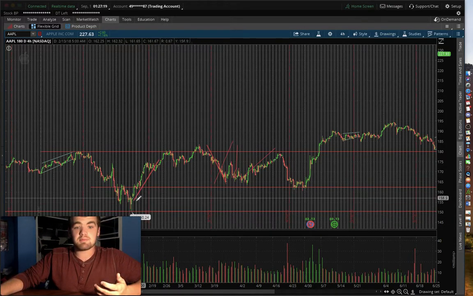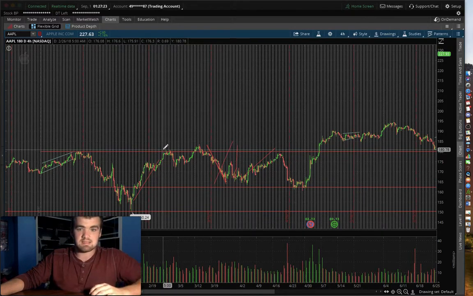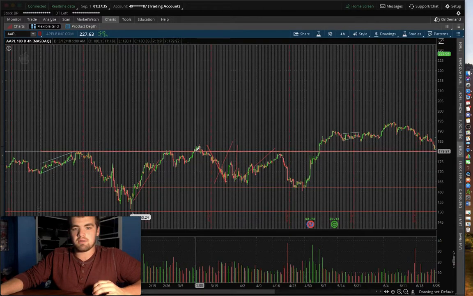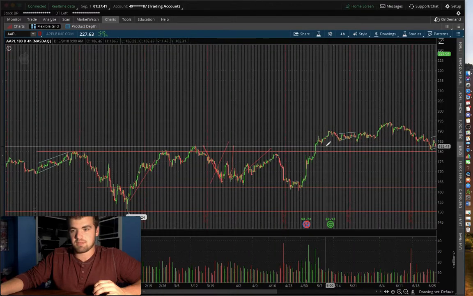So it pops from that support all the way up to the resistance. It tested the resistance many times. Tested it once up here, that's where we found it. All the way back up here, two. Caught a little fire, three, four, and then right here was that resistance breakout.